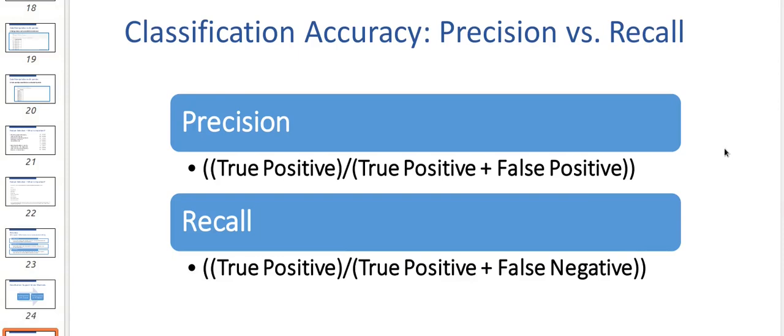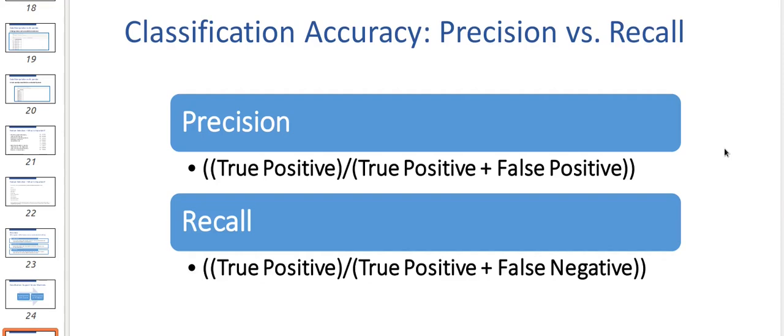Supposing I'm a doctor, which I'm not, but supposing I tell a patient they don't have cancer when they actually do. That is a false negative, and the consequences of that are a lot more severe than a false positive, telling somebody they do have cancer when they actually don't. And this precision versus recall balance can depend on the situation. For example, with spam emails, we would rather have false negatives than false positives.